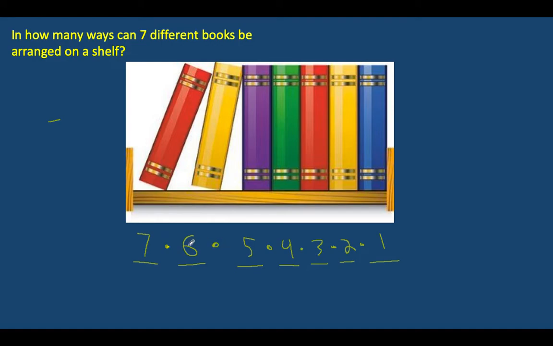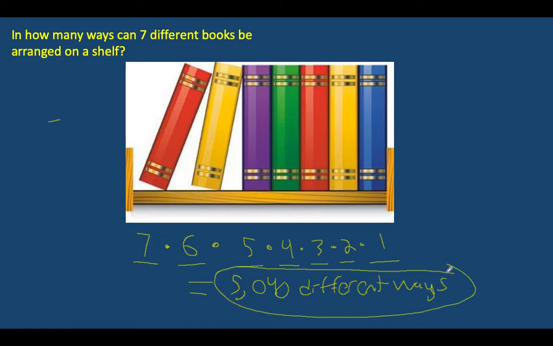So we do 7 times 6 times 5 times 4 times 3 times 2 times 1, which equals 5,040 different ways. Okay, so that's permutation, sorry.